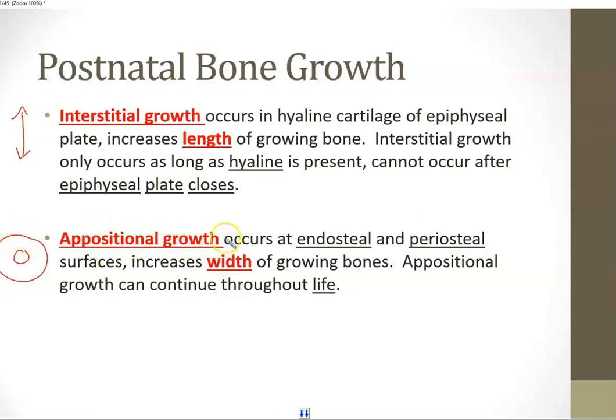Appositional growth continues, and we're going to see that in the diaphysis, between the periosteal and the endosteal layers that we were looking at a while ago. This will continue on through life, and it has more to do with stresses. If you work out, you build muscle, and your bones have to go along with that.